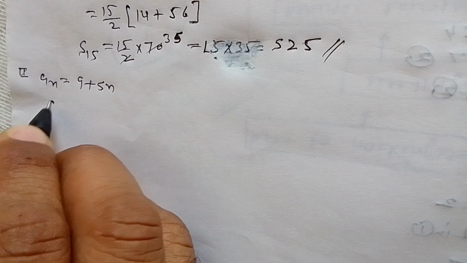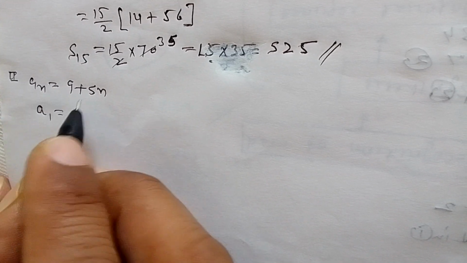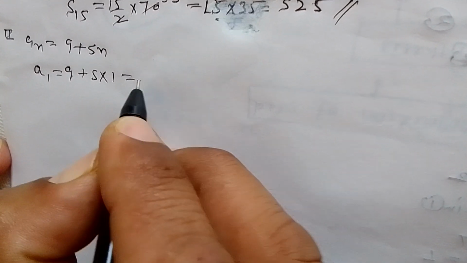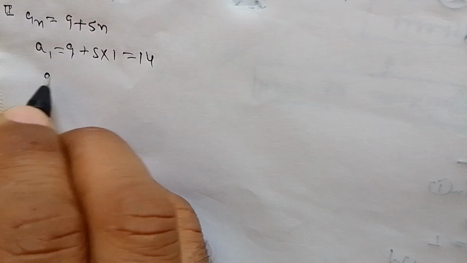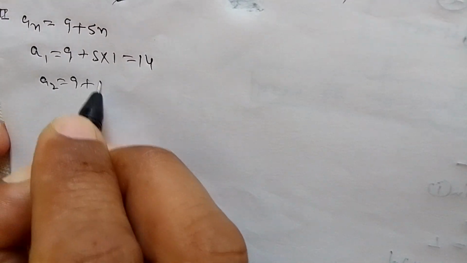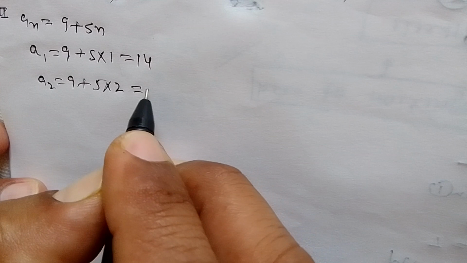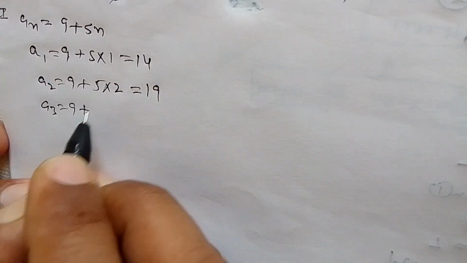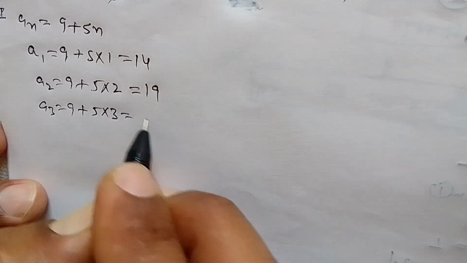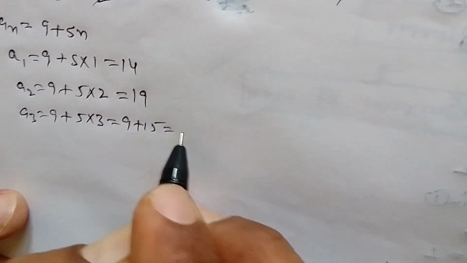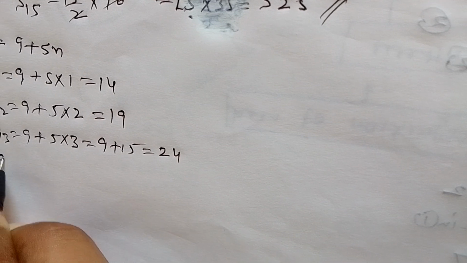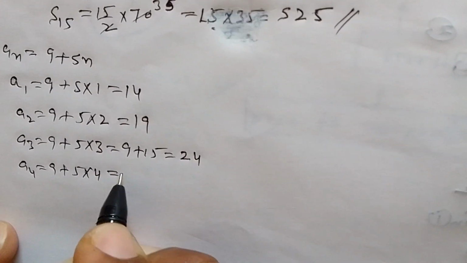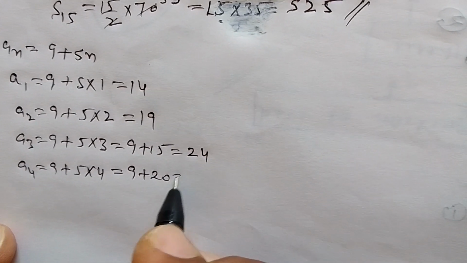So first we will calculate a1 by putting n equal to 1. 9 plus 5 multiplied by 1 comes out to be 14. a2 is 9 plus 5 multiplied by 2, which comes out to be 19. a3 is 9 plus 5 multiplied by 3, 9 plus 15, which comes out to be 24. a4 is 9 plus 5 multiplied by 4, 9 plus 20, which comes out to be 29.